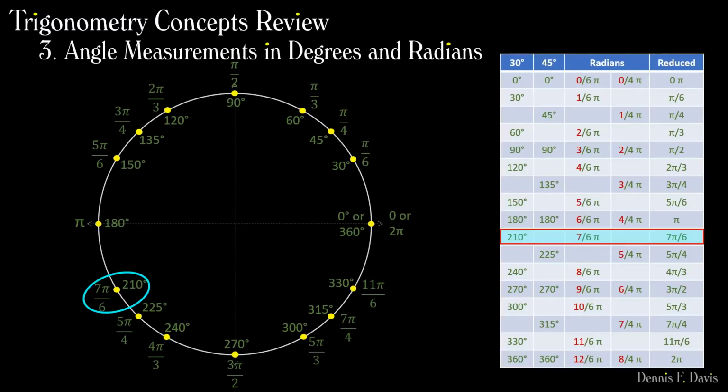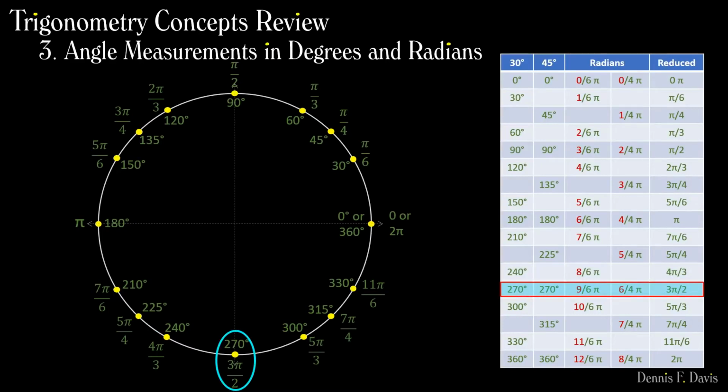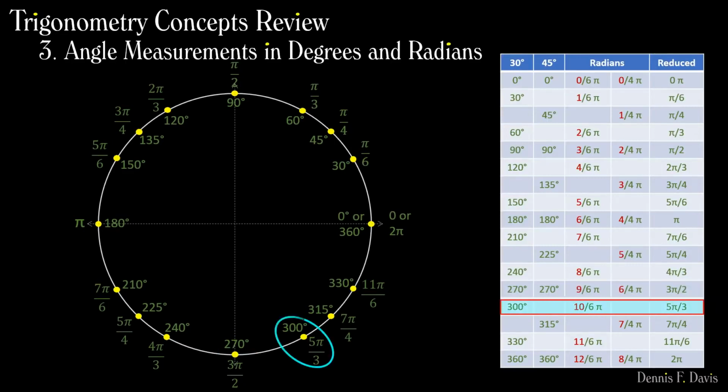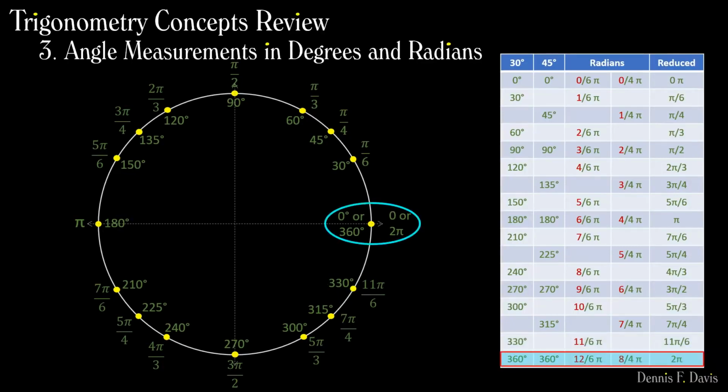It's okay to use improper fractions when expressing angles in radians. 240 degrees is 8/6 of pi, which reduces to 4/3, so 4 pi over 3 radians. 270 degrees is 9/6 pi, which reduces to 3/2, so 3 pi over 2 radians. 300 degrees is 10/6 pi, which reduces to 5/3, 5 pi over 3 radians. 330 degrees is 11/6 pi, which can't be reduced, so 11 pi over 6 radians. 360 degrees is 12/6 pi, which reduces to 2, so 360 degrees is 2 pi radians.